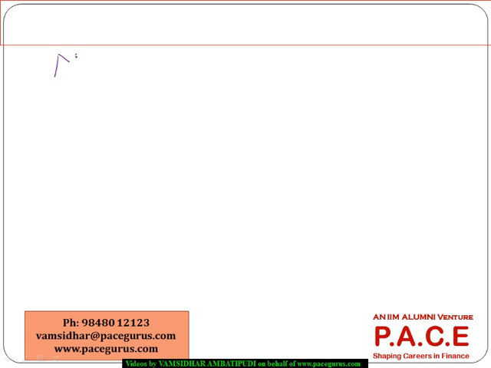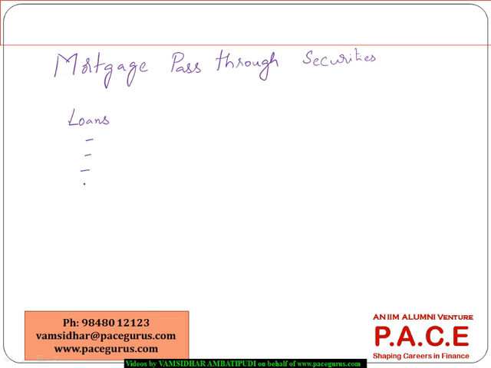structured products called mortgage pass-through securities. This is probably a true securitization kind of transaction. The reason being, all the loans, or home loans specifically, are pooled, and they are sold to a third party entity.